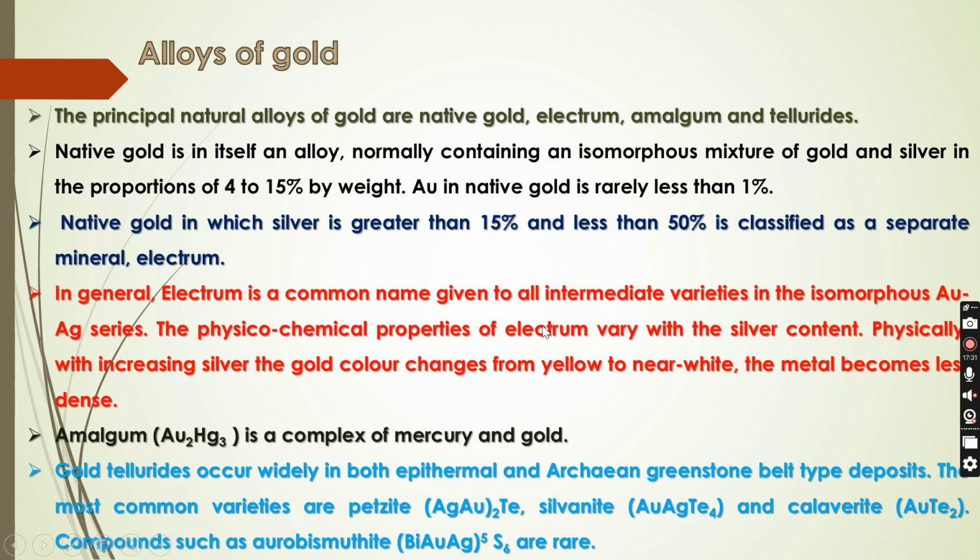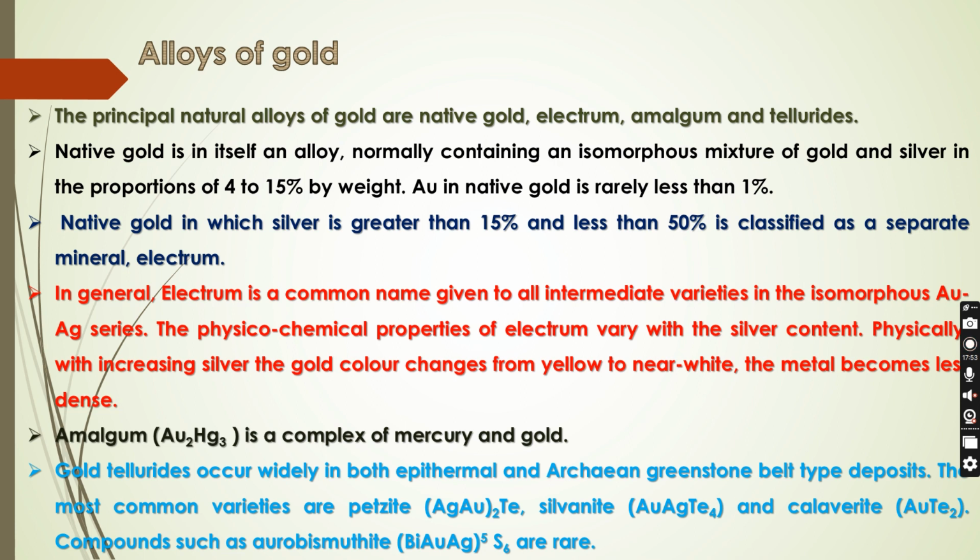Now, some alloys of gold; these things should be understood because whenever we explore in certain terrain, these kinds of naturally formed alloys are often observed, which are also prepared artificially in the lab, but nature also often produces them.